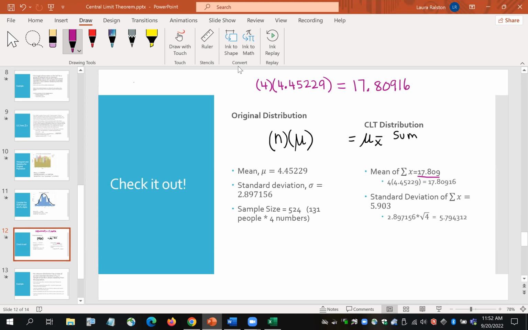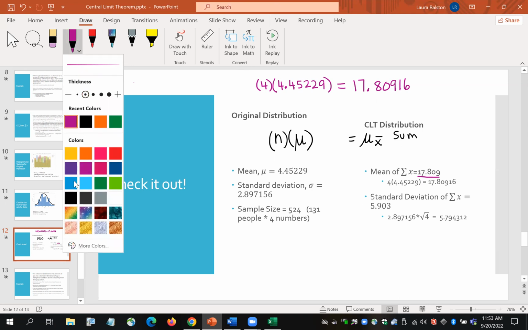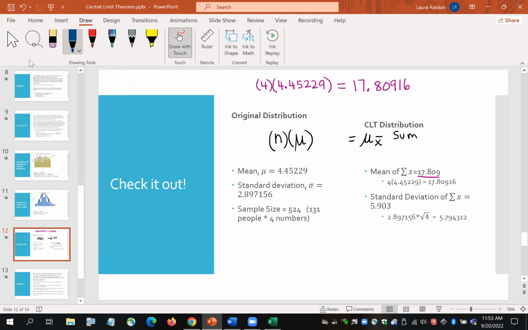Now, the standard deviation for the sum is the original standard deviation times the square root of n.